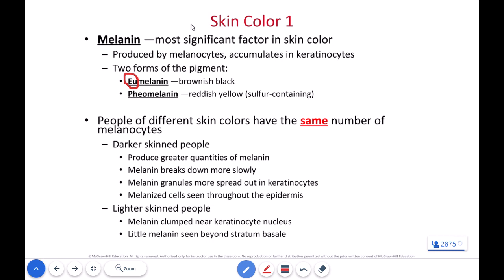The differences in their skin coloration comes not from the number of pigment making cells, but from how active their individual pigment making cells are. Individuals with very darkly colored skin have more active melanocytes than individuals with very fair colored skin.